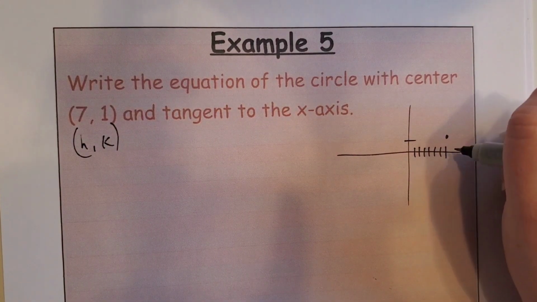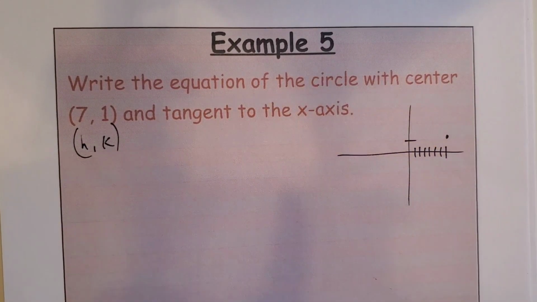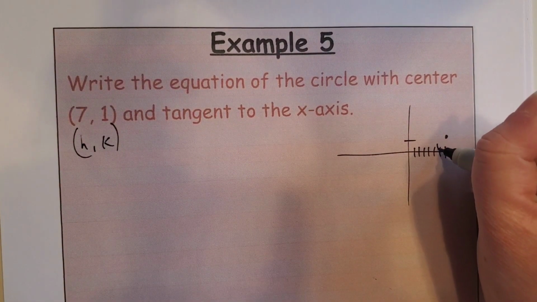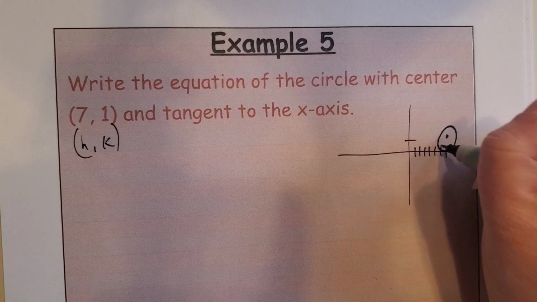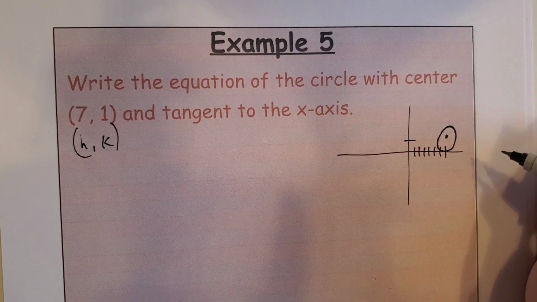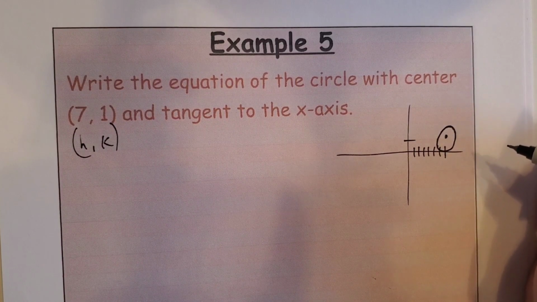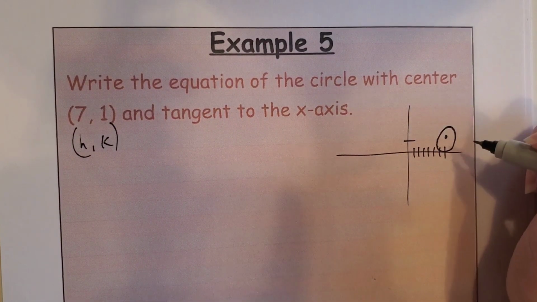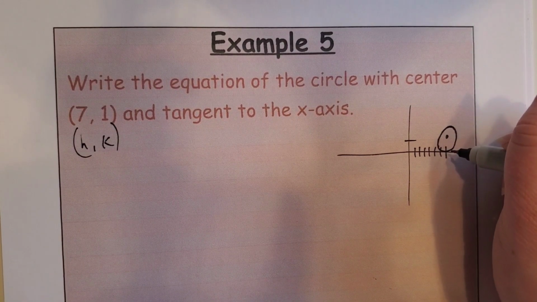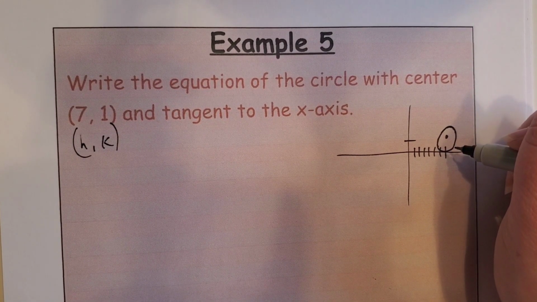So that 1 point is just going to be kind of like the edge. So like if I drew my circle this way, again, we're going to pretend that's a perfect circle. It's obviously not. This isn't art class. But that's kind of what we've got going on here. All right. It touches the x-axis at exactly 1 place.